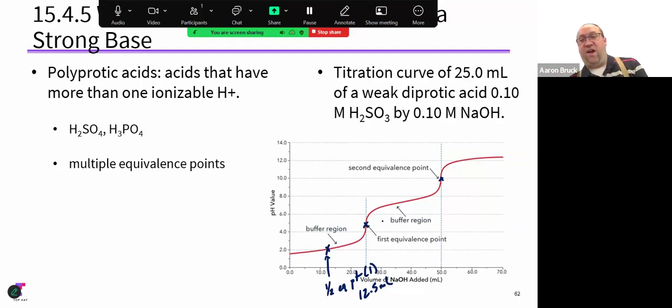So it took us 25 milliliters to go from 0 to the first equivalence point. It took 25 milliliters to go from the first to the second. The half equivalence point would be halfway between the two equivalence points here. So 37.5 milliliters.